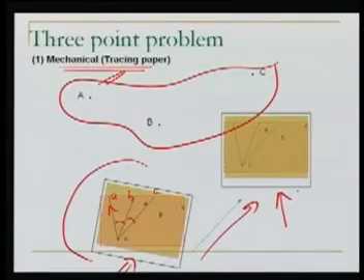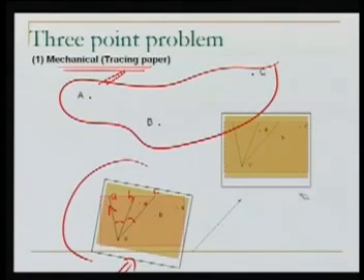So what we can do now, we can shift the tracing paper here and there, as well as rotate it in such a way that these three resectors pass through their corresponding points on the plane table. Let us do it. Please look carefully. We just shift here in this case. This could also be rotation.